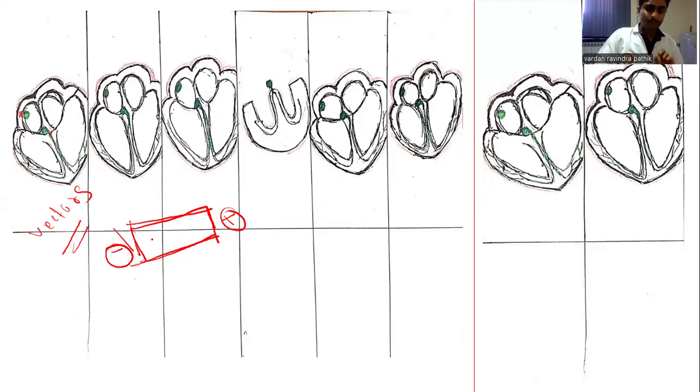Now if this impulse goes in the direction of the positive, it will give us a positive deflection, like this or like this, right? If it goes opposite to the positive, away from the positive or towards the negative, it will give us a negative deflection, right?